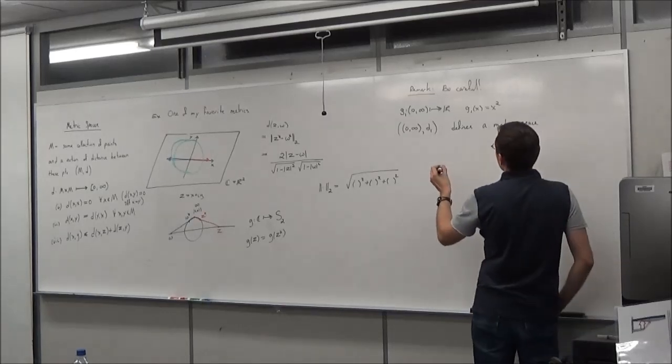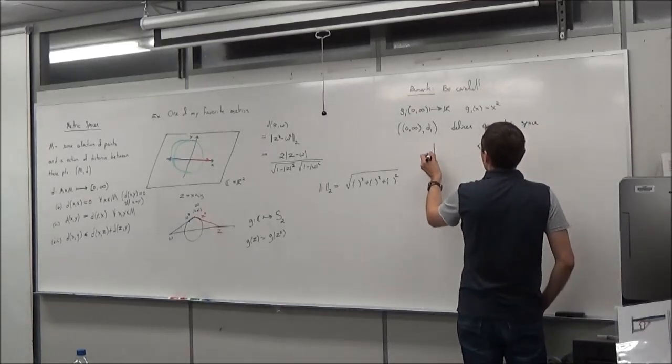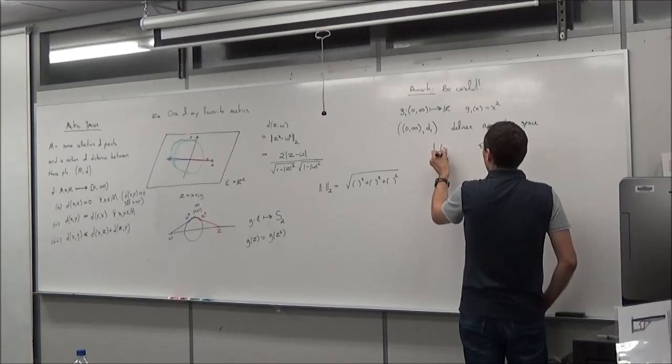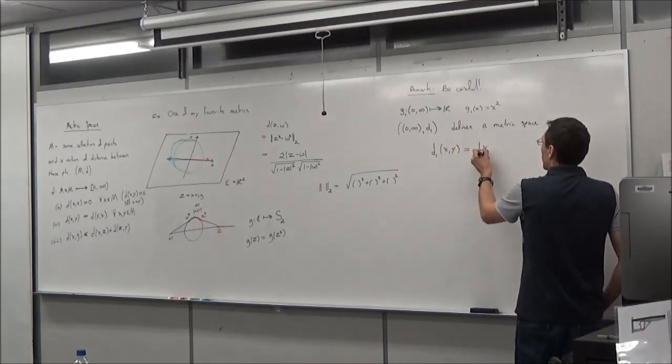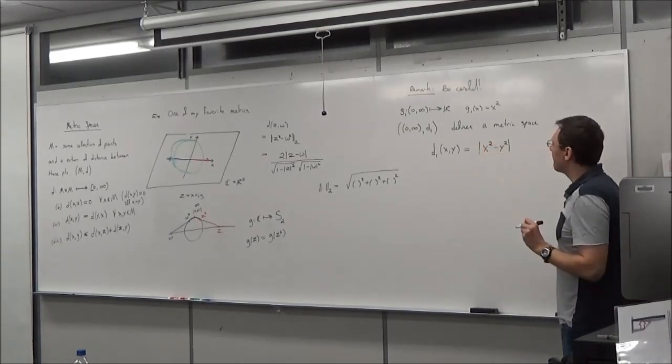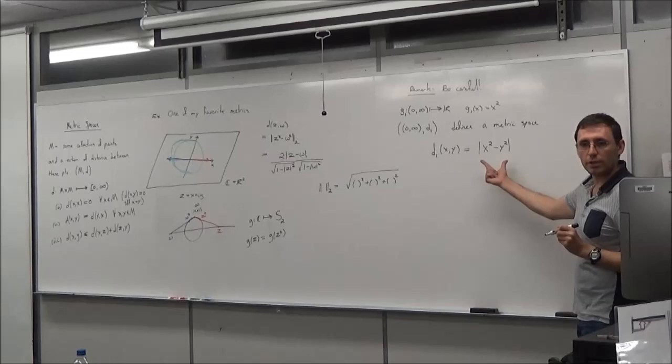The metric is d1 of x, y equal to the absolute value of x squared minus y squared. We saw this example.